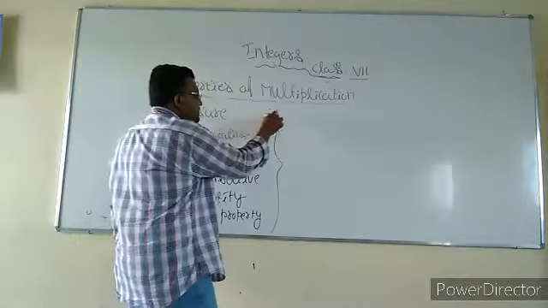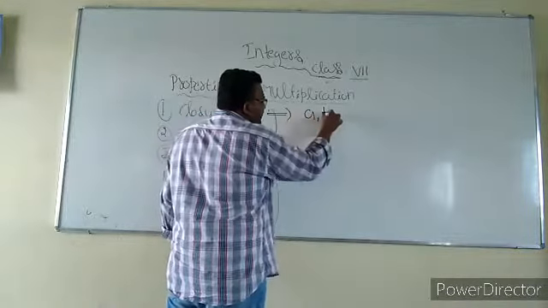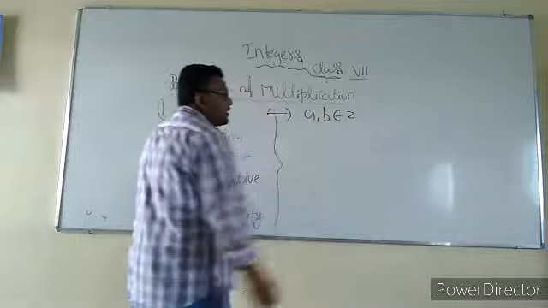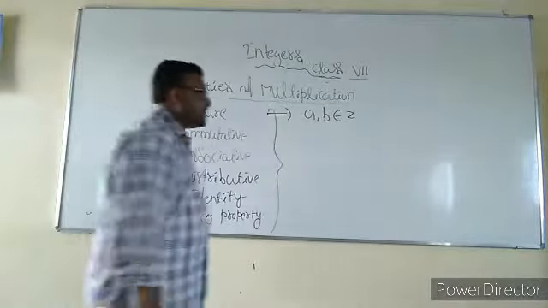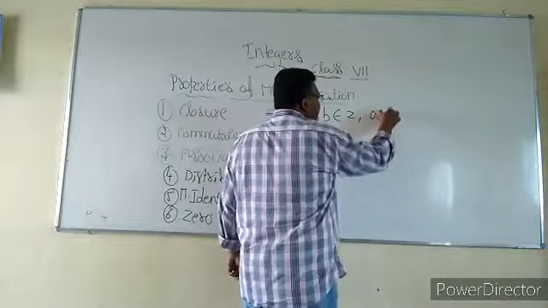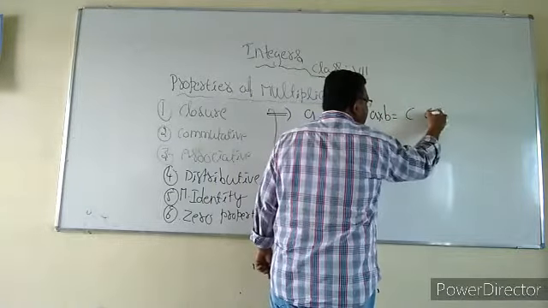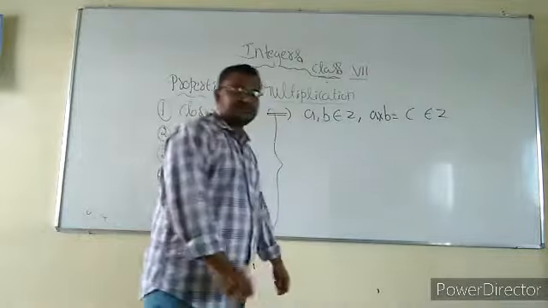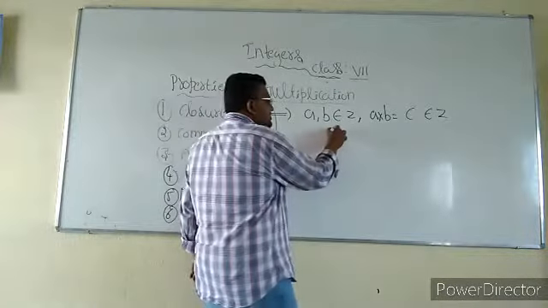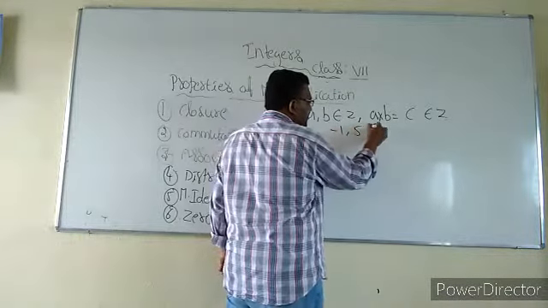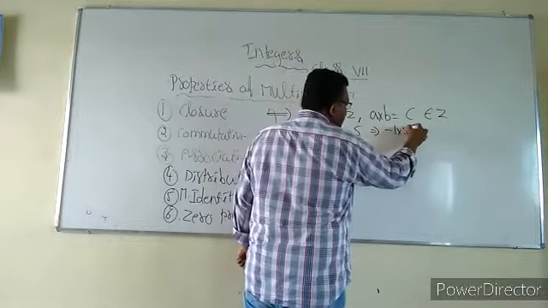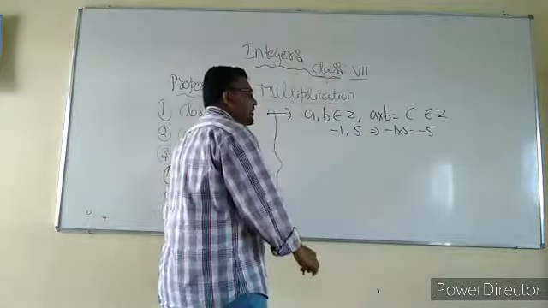What are these? We'll check. The first one, closure property. If A and B are any two integers, then A into B is C, and that C is also an integer. Take any two integers, -1 and 5. Multiply -1 into 5, it will be -5.